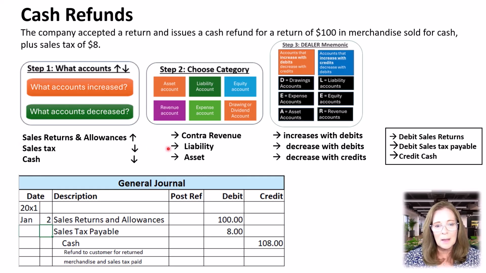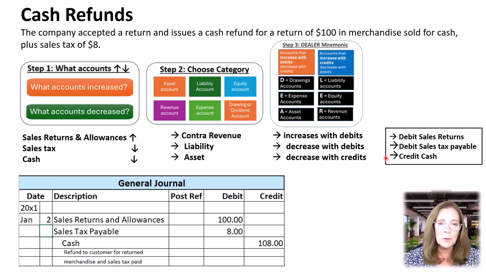Sales tax is a liability, and liabilities decrease with debits. And cash decreased because the company gave money to the customer. Cash is an asset, and assets decrease with credits. So debit sales returns and allowances, debit sales tax payable, and credit cash.